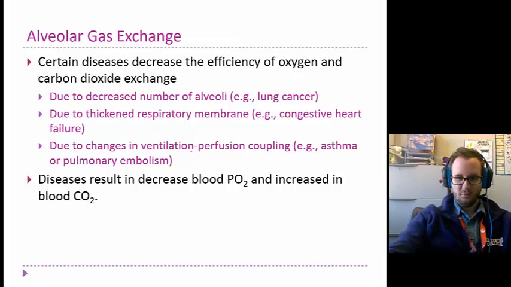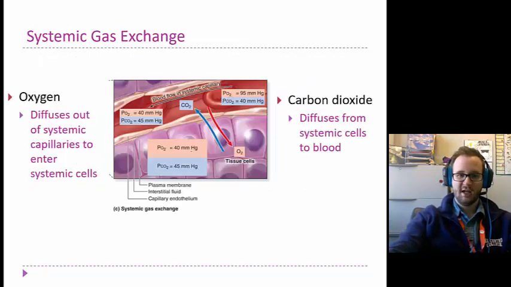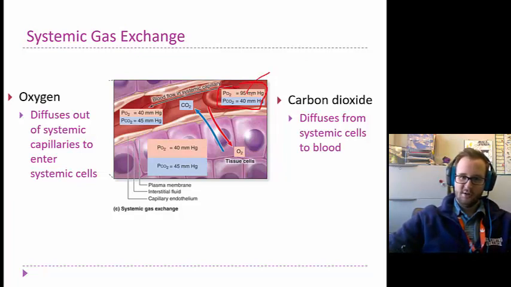So we've already discussed how our lungs are able to be so efficient at exchanging gases, and now we're going to go into our tissues. In our tissues, you'll notice that the air that enters, remember before it was 104 millimeters of mercury leaving our lungs, and here entering our systemic tissues it's a little bit less, and that's because of bronchial circulation.